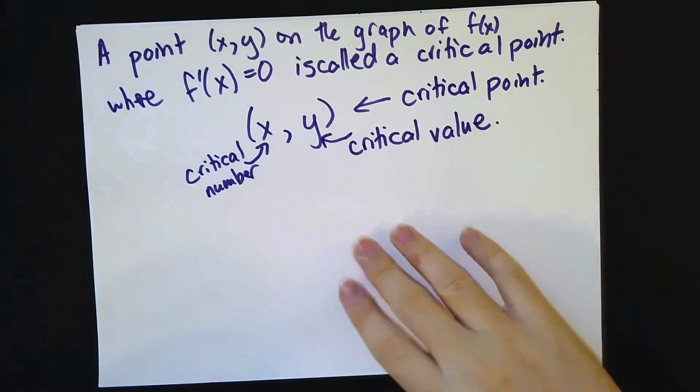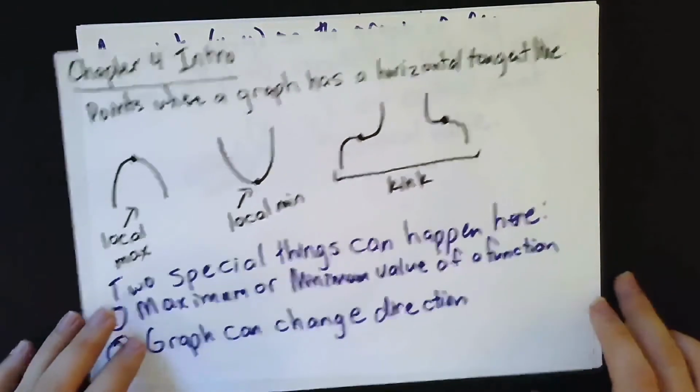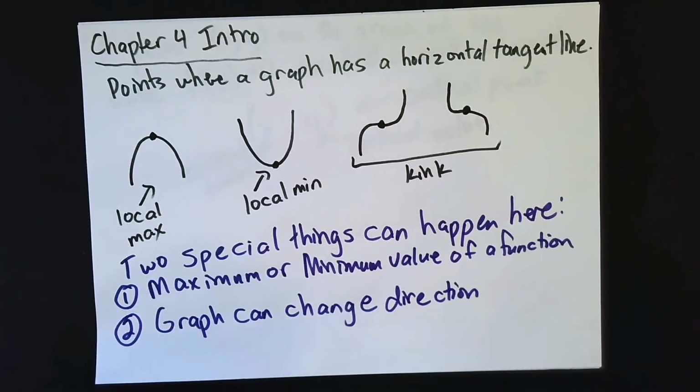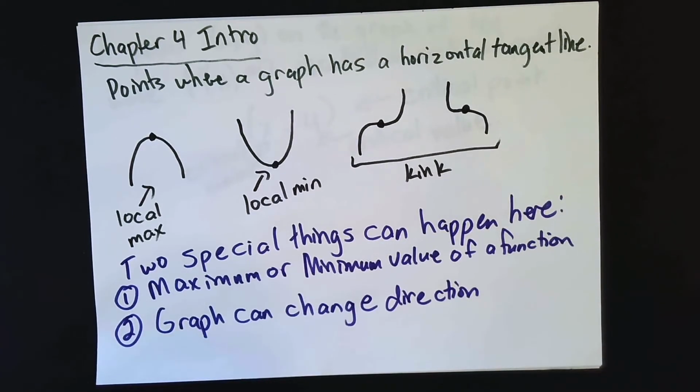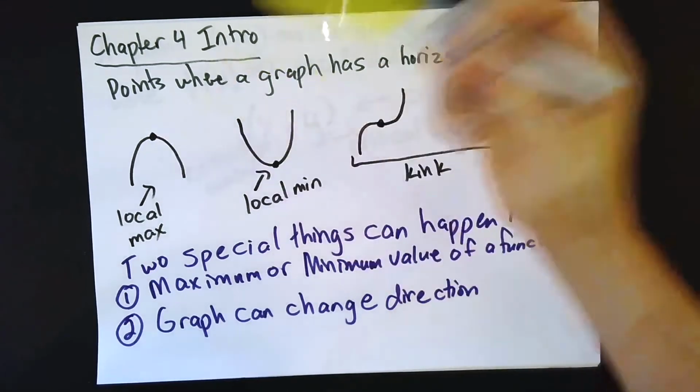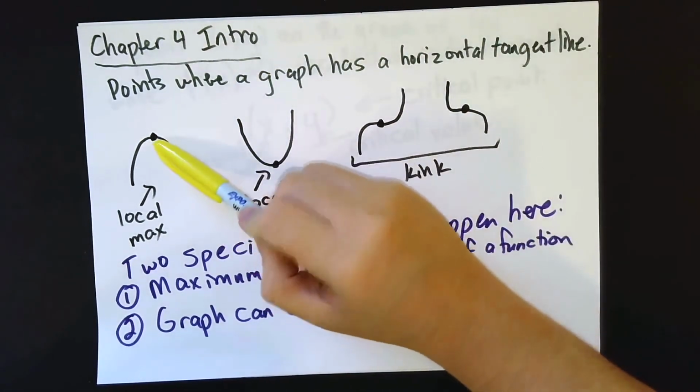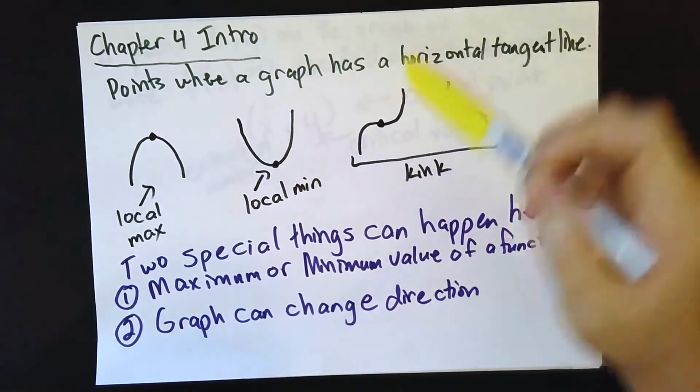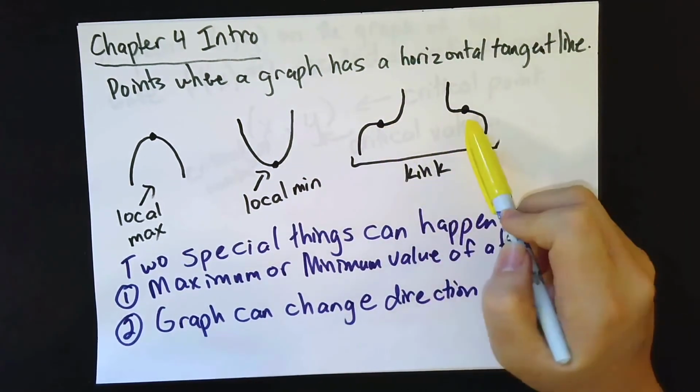So going back to this previous page, basically what I'm telling you is that if you look at the graph of a function at a critical point, it's going to look like one of these 4 things. It's either going to look like a local max, or a local min, or it's going to look like one of these 2 flavors of kink in the graph.